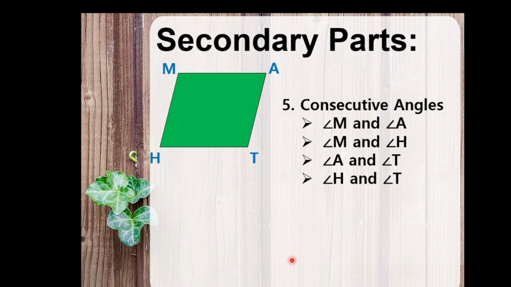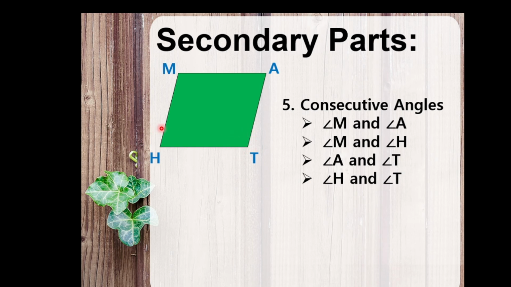Then we also have consecutive angles. Consecutive angles share a common side. So we have angle M and angle A. They share a common side which is segment MA. Angle A and angle T share a common side which is segment AT.